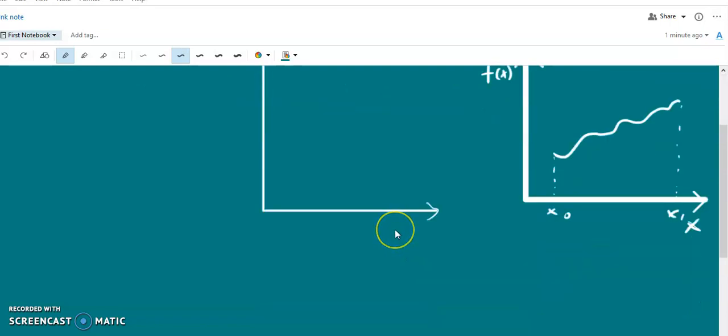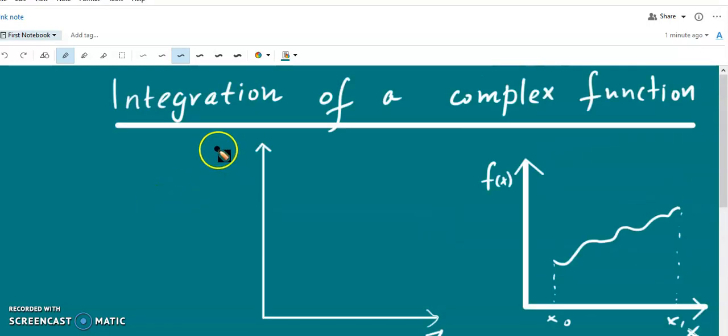So here suppose we have z over here and f of z is defined over here, and suppose we have a contour C over here. The integral of this complex variable over a contour in the complex plane can be defined in close analogy to the integration of a real function which is integrated along the real axis.